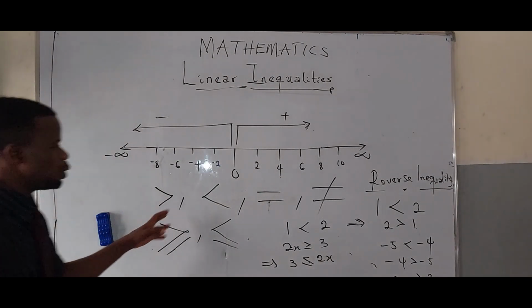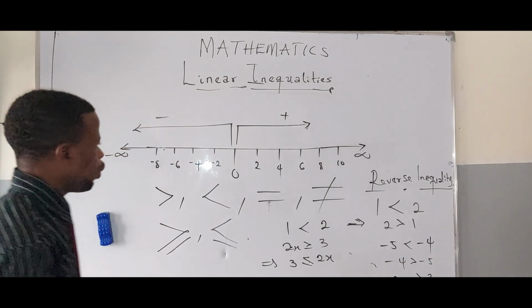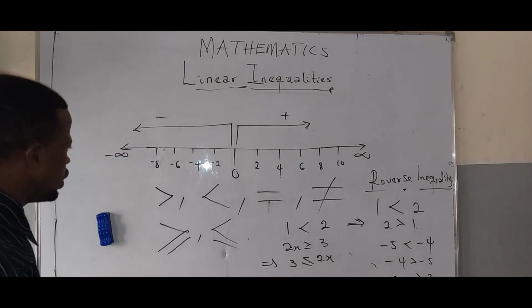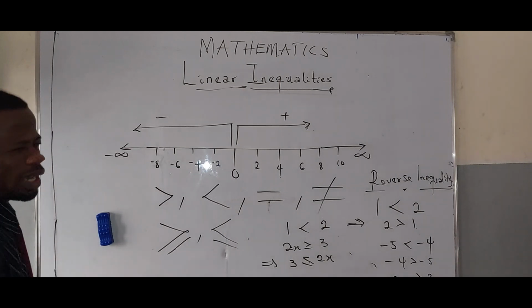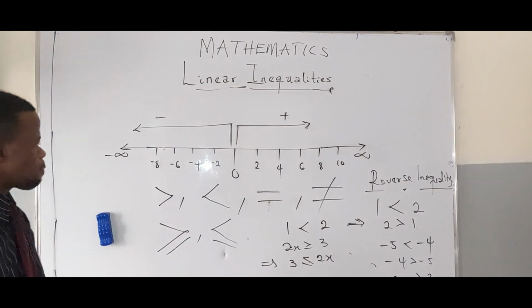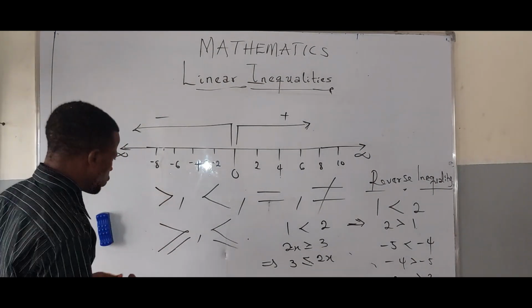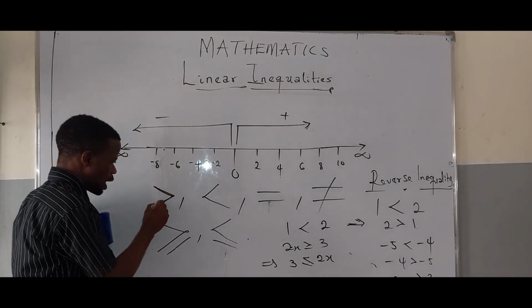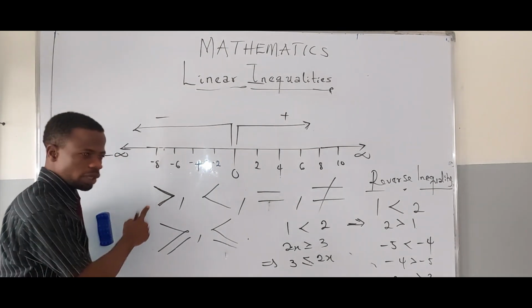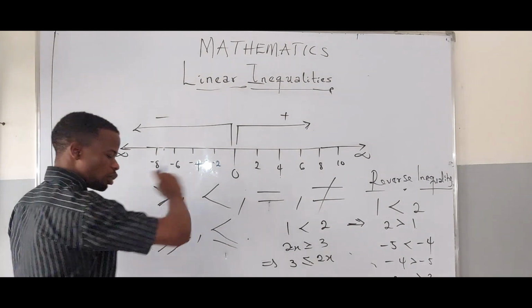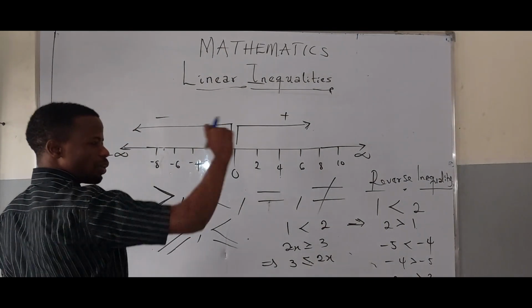Now, there are ways we use all these symbols. How do I identify them on the number line? You must look at where the symbol is facing. I normally tell students to identify the direction of the greater than sign like a right hand.